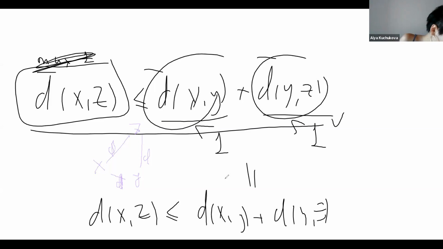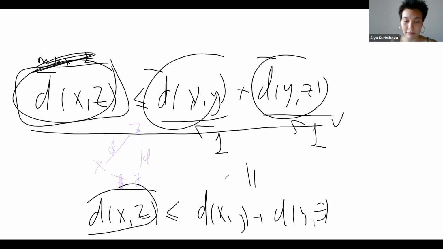Because this thing cannot be 1: if those two things are smaller than 1, then this is totally smaller than 1. So we got the inequality. Great.